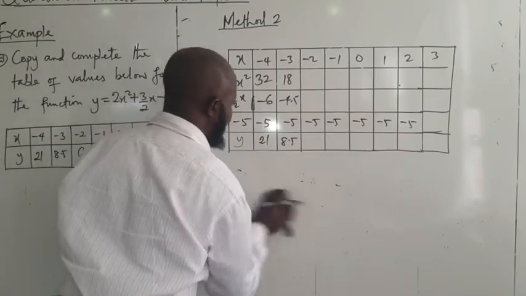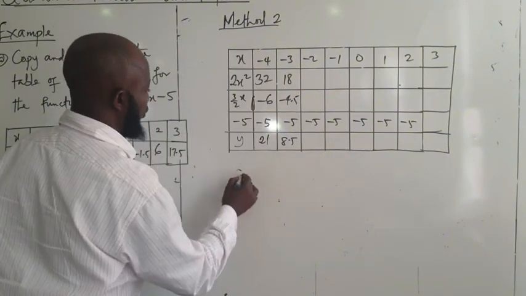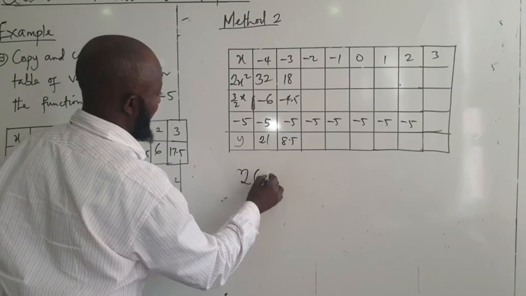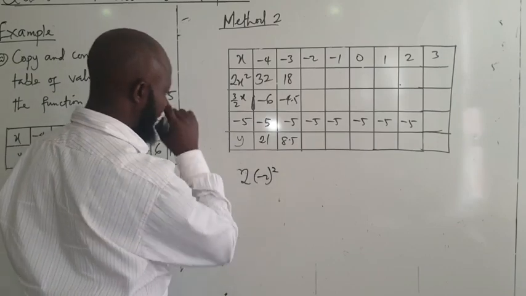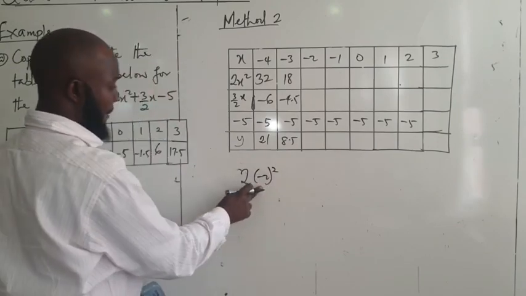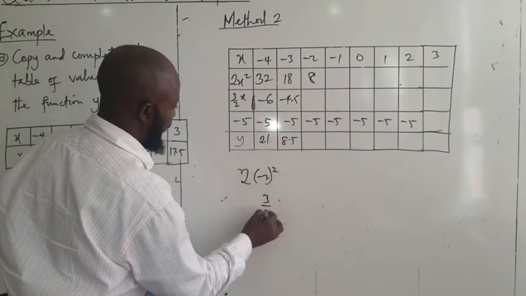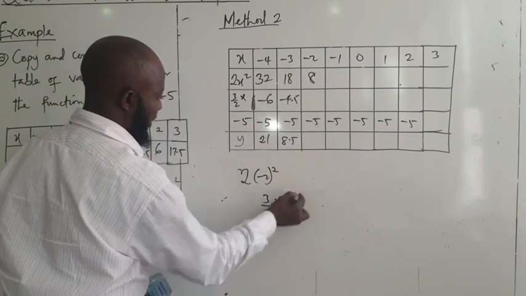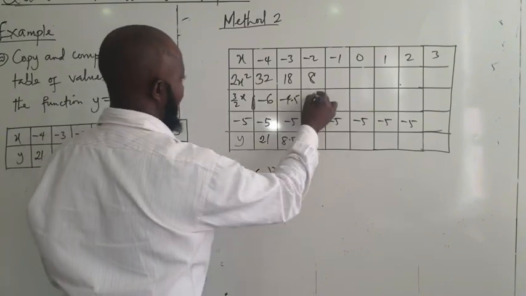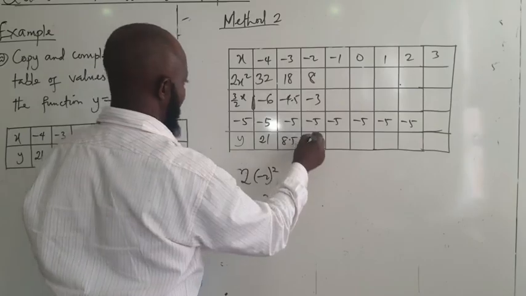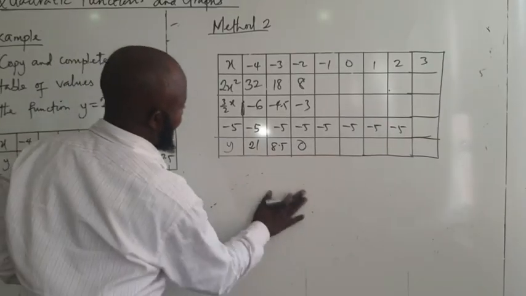Then move to the next one. That is 2x squared: 2 times minus 2 squared, right? This is 4 times 2, which gives us 8. Then 3 over 2 times minus 2: the 2s cancel, giving minus 3. So we have 8 minus 3 minus 5, that gives 0, right? So we move to the next one.